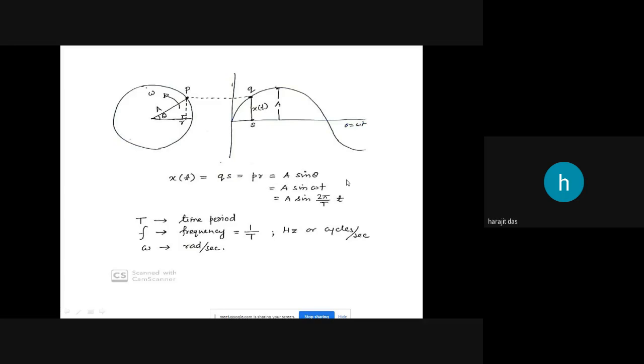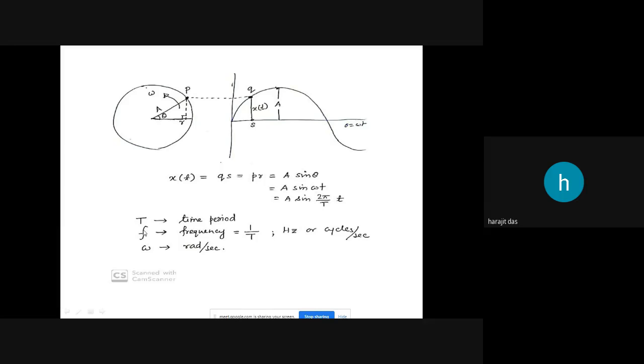So this way the equation becomes x of t equals A sine theta, or A sine omega t. Please remember this concept, because this is the basic equation of vibration, or the basic equation of simple harmonic motion. Here capital T is the time period, small t is the instantaneous time, any time on this axis or mean line.